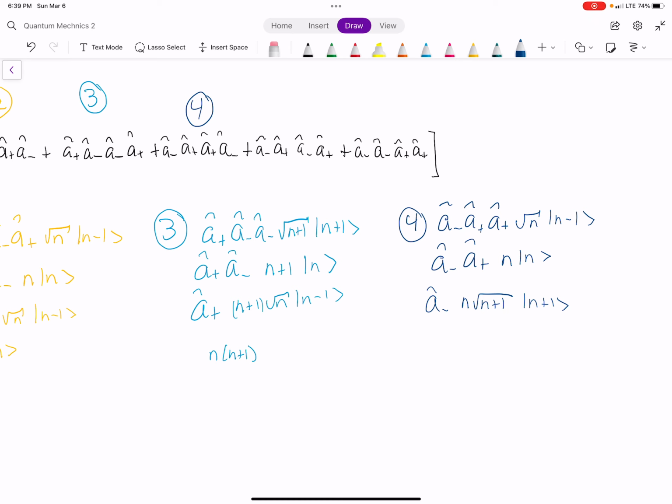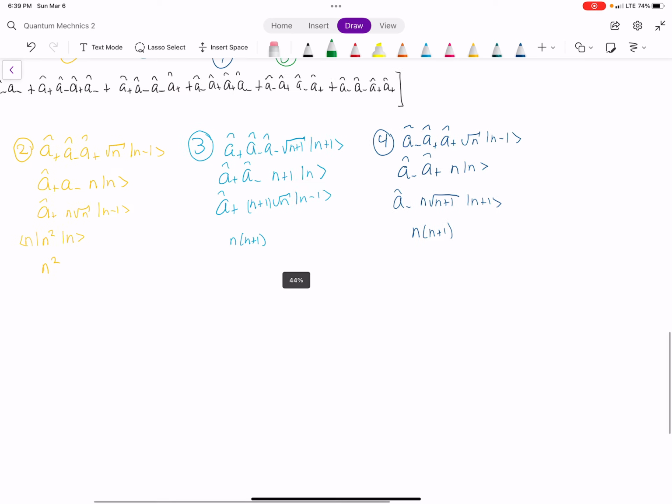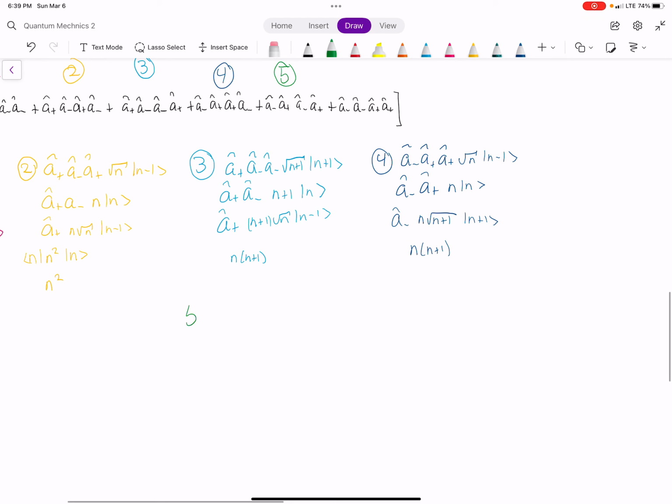Okay, that's what the raising operator does, and then the lowering operator, so you'll get n times n plus 1. Perfect. Alrighty, let's move on to number 5. Might do 5 right here. A minus, A plus, A minus. And then you have a raising operator here, so it's going to be n plus 1 square root.